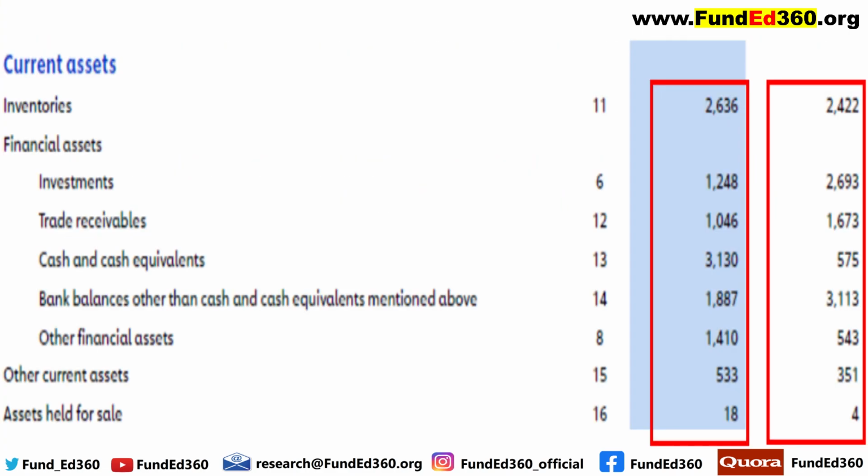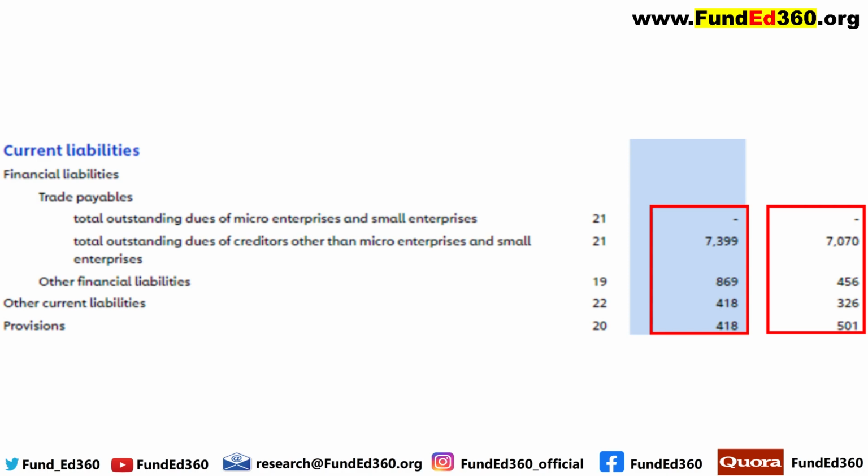You can find the current assets in the balance sheet, and the current liabilities you can also find in the balance sheet. Divide the current assets by the current liability numbers, and you will get the current ratio.